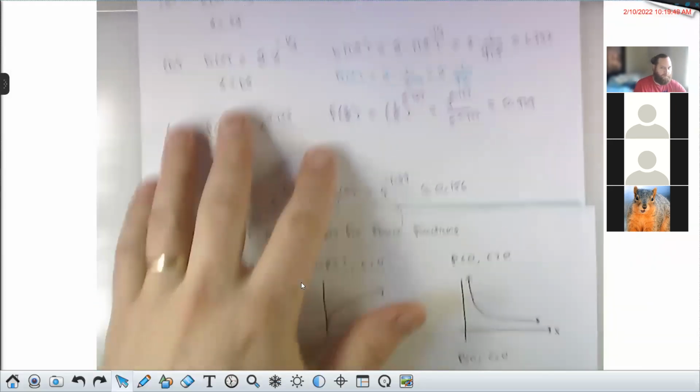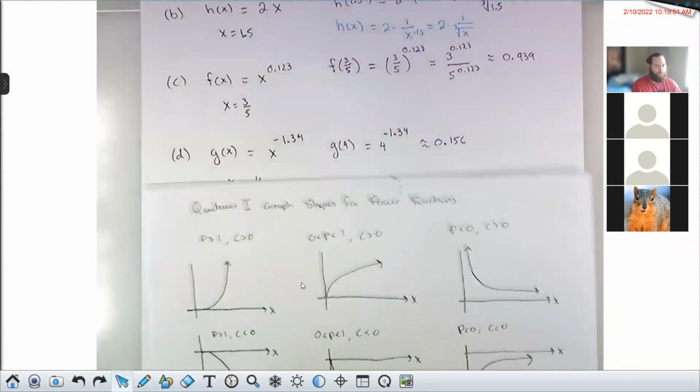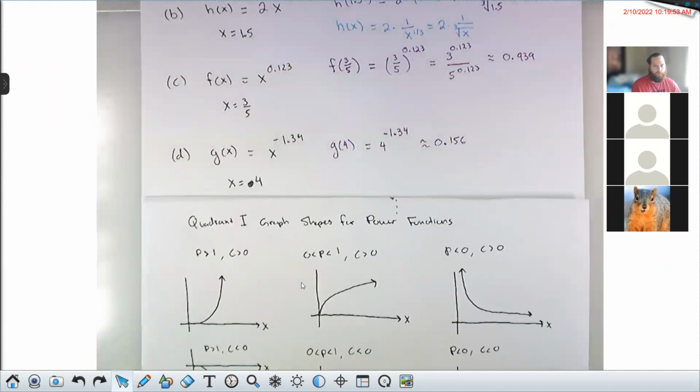Okay, last one. X to the -1.34. Which one of those shapes do we expect from this guy? Shape 1, shape 2, or shape 3?